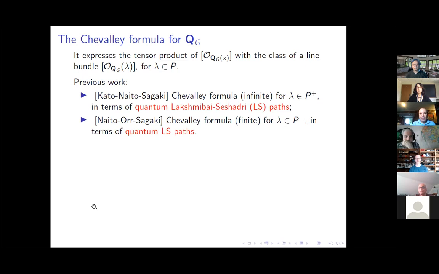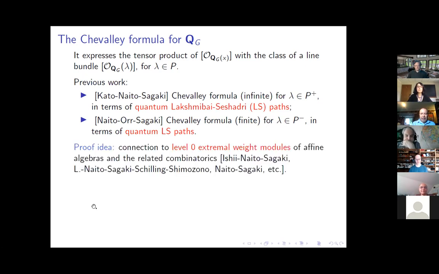Then Naito, Orr, and Sagaki gave a similar formula, which is now finite, but for anti-dominant weights, also in terms of quantum LS paths. So their idea was to exploit a connection with representation theory, namely to the level 0 extremal weight modules of affine algebras, and also use a lot of related combinatorics.